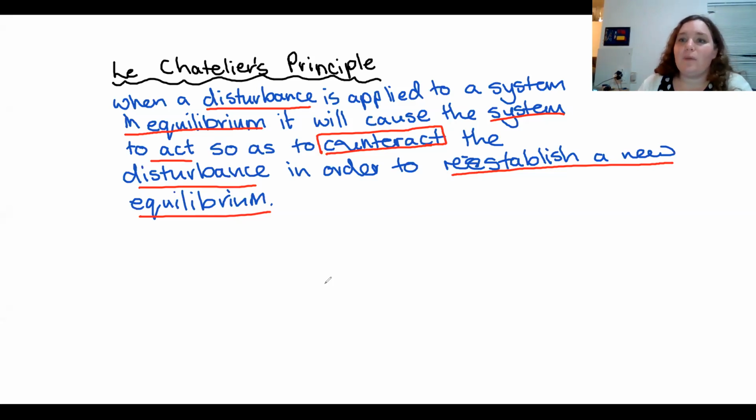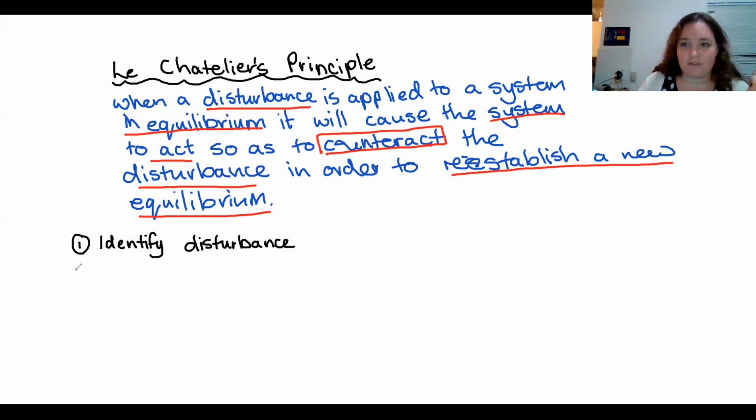So I find that when I approach Le Chatelier's principle questions, I have a set approach that I follow. Please note, not every one of these steps is going to get you marks, but it will give you a firm understanding that will eventually get you all of the marks. You will get all of the marks, but you're not getting a mark for everything that you do. Some of it, there aren't marks allocated. So the first thing that I always try to do when we've got a disturbance to an equilibrium is to identify the disturbance. I'm going to quickly discuss with you what the three disturbances that we can have are.